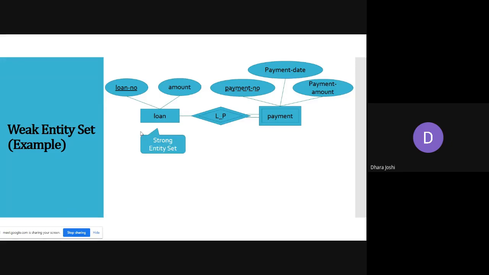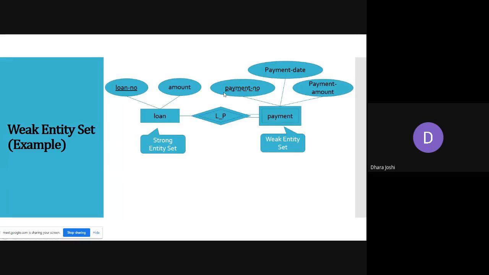So loan is a strong entity. Strong entity means what? Among all their attributes, they have one attribute which can work as primary key, and it can differentiate all the records in their table. Payment is a weak entity set because if we are using only these three attributes, it is not possible to get all the information.